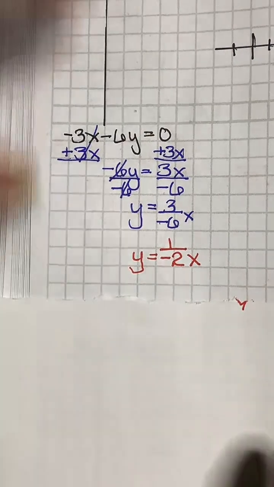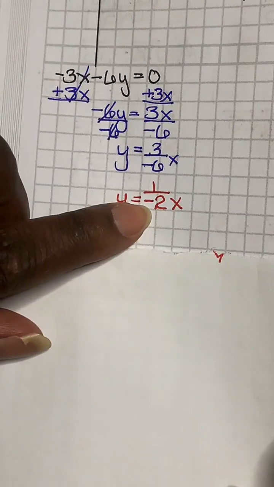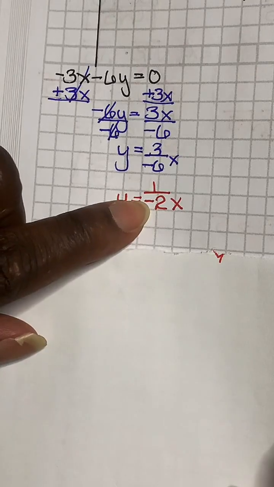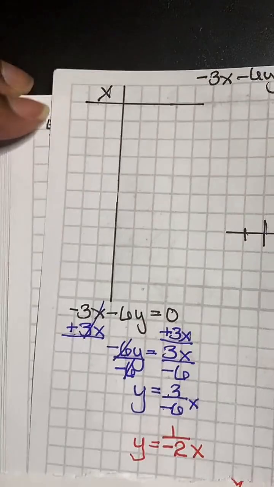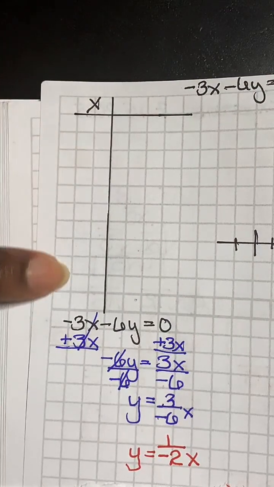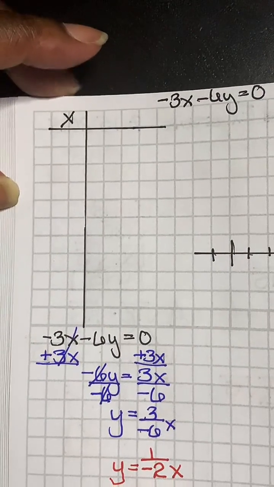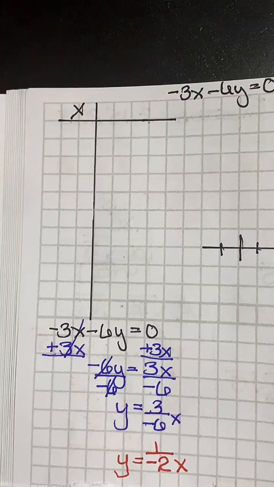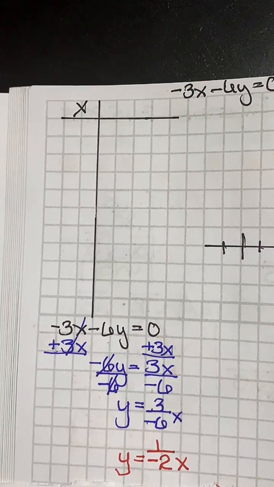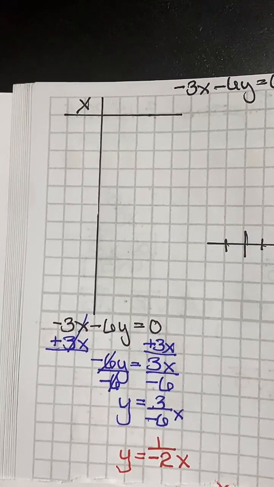Now, I'm going to show you one of two ways. Since my denominator is a 2, even though it's negative, but it's still a 2, you want to use x values that are even, because you can divide it so much easier than a 1 or a 3 or a 7. Then you're going to have to deal with fractions, and you know how you are about fractions.